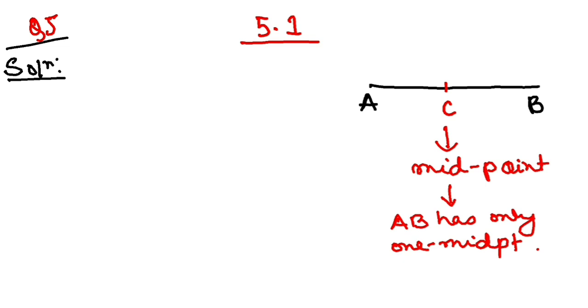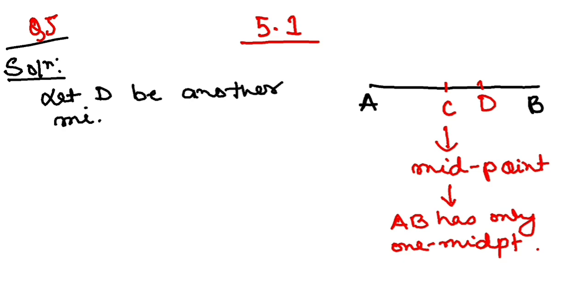What I'll do, I'll take one more point over here, let's say D. Alright, and I'll assume that let D be another midpoint. Okay? So let us say D is another midpoint. So if D is another midpoint, then what will happen?